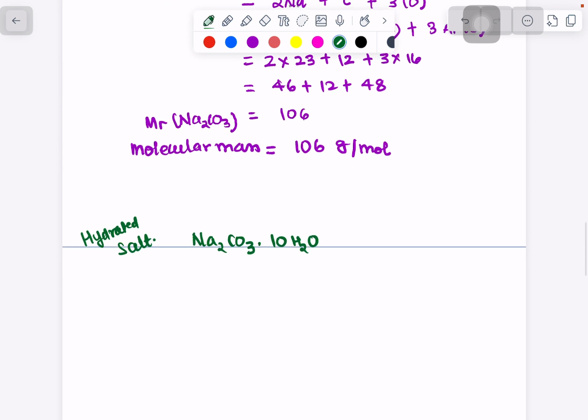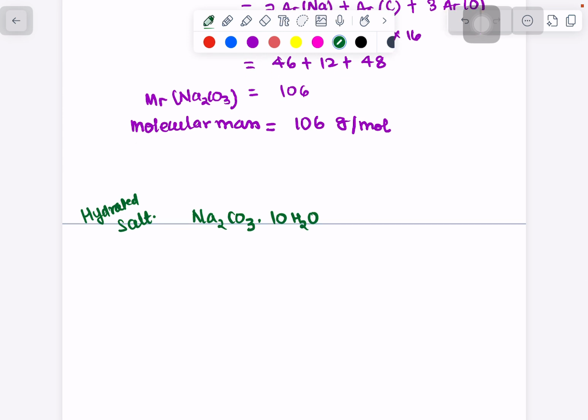To find out the molecular mass of the crystalline salts or hydrated salts, we need to follow the same procedure. We need to keep them separate instead of mixing them together: Na2CO3 and 10H2O.